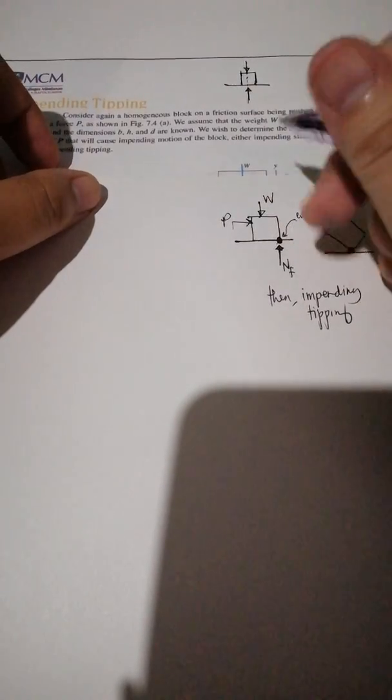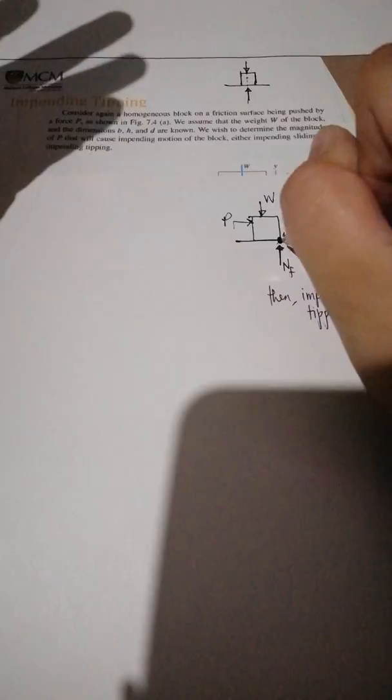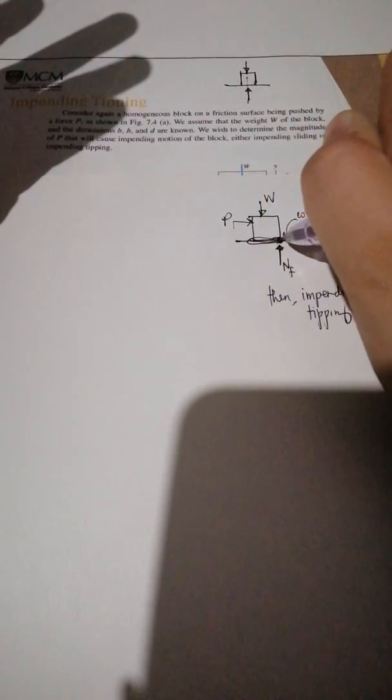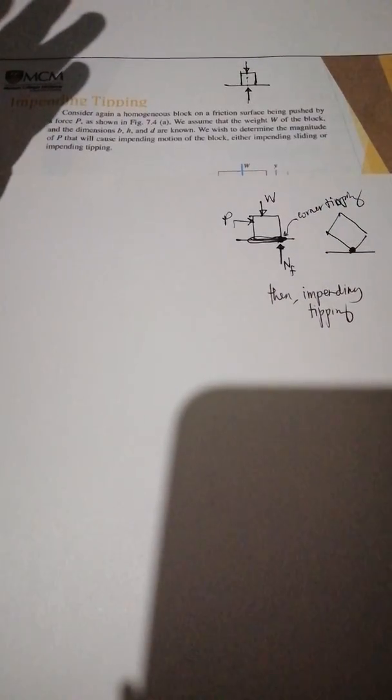So, if during our equation or solution we found out that the normal force is way outside of the plane of contact and beyond the corner of tipping, then we could say that it's already tipping on that point.